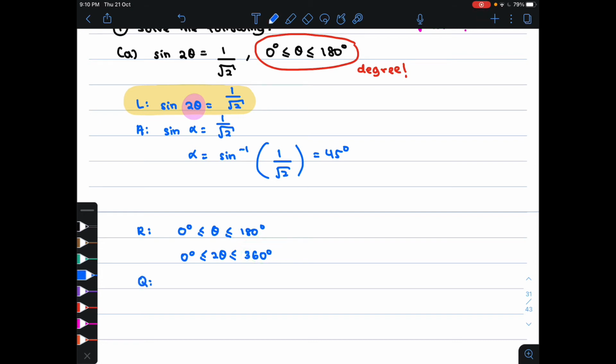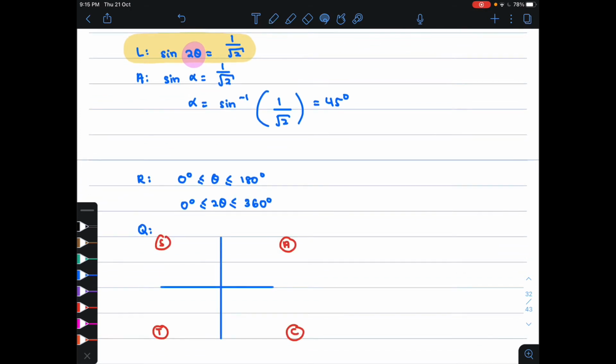Next, we have Q, which stands for quadrant. So draw your quadrants and label all science teachers crazy. And now let's refer to the linear form. Here you can see that sine is a positive value. So you need to look at quadrant where sine is positive.